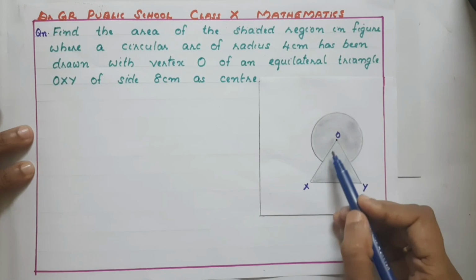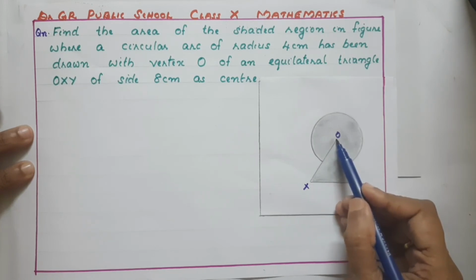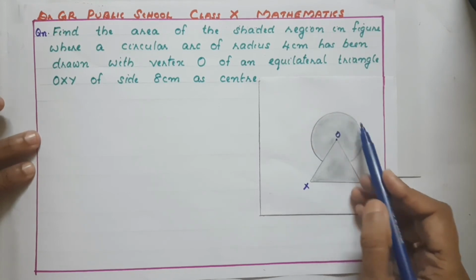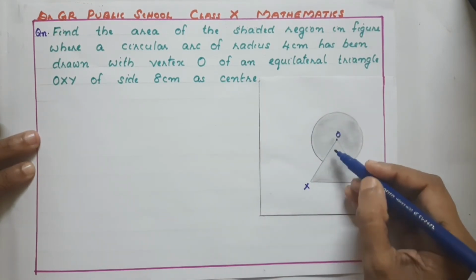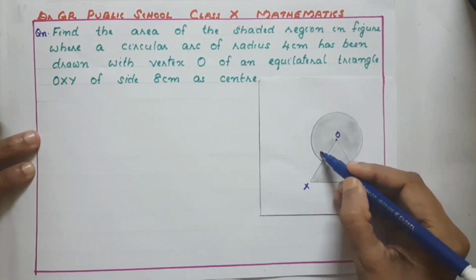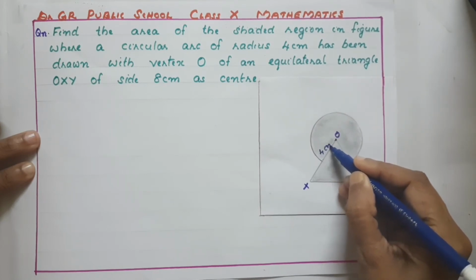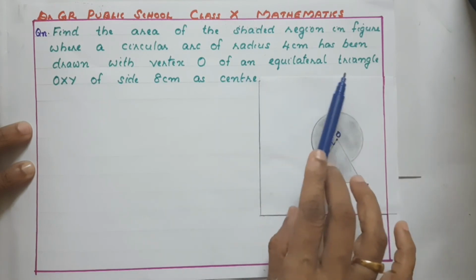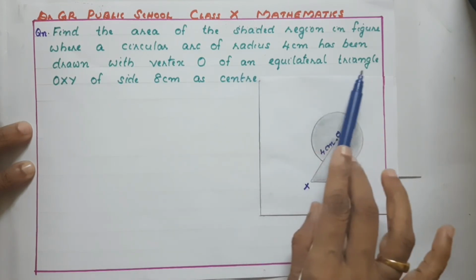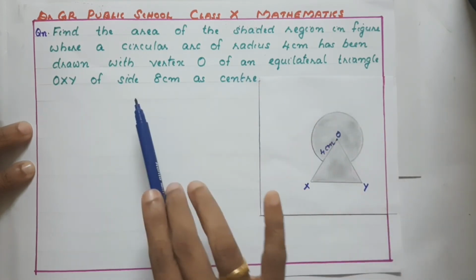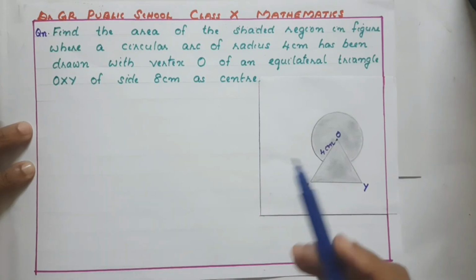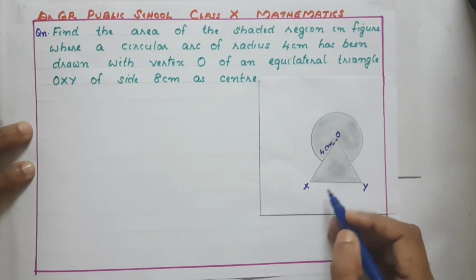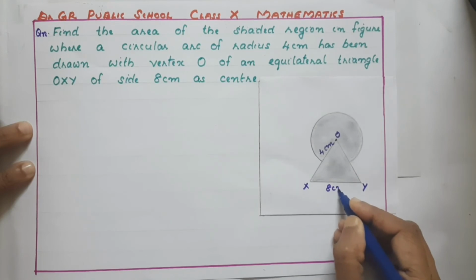And this arc is drawn at this vertex O, and the radius of this arc is 4 cm. And what is given about the triangle? It is an equilateral triangle. All sides are equal with the side 8 cm. So side of the triangle is 8 cm.